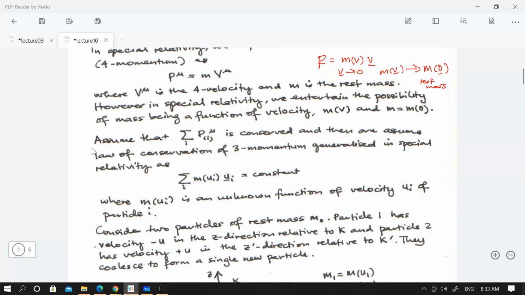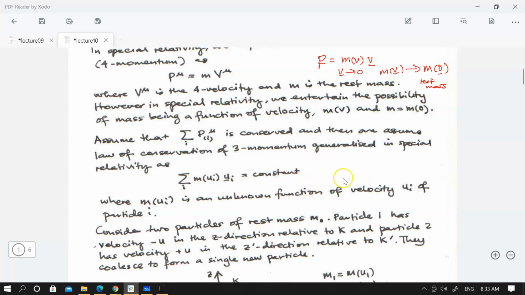The other thing that we want to assume is the conservation of three-momentum when there's no net force. Somehow or other we would like that to continue in special relativity. So if you allow the mass to also change with velocity, your velocity-dependent mass times the velocity, the total sum, meaning the total momentum, should be conserved and should be a constant.